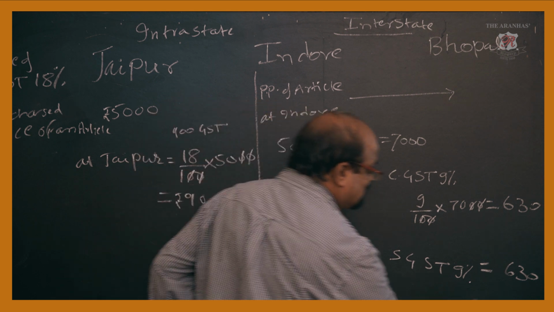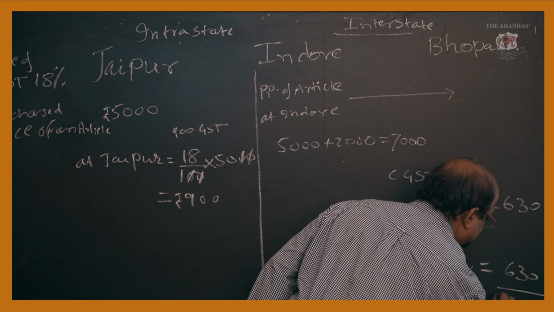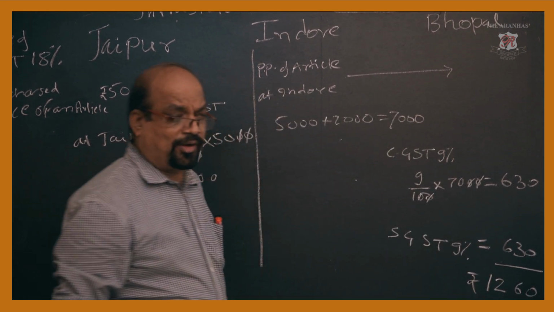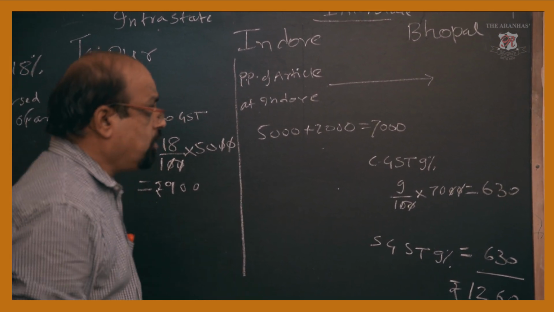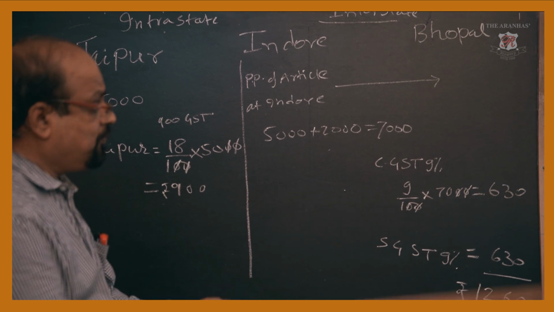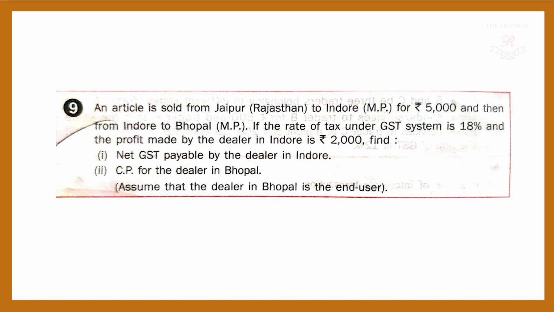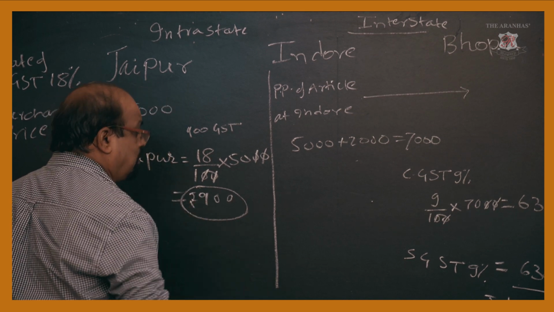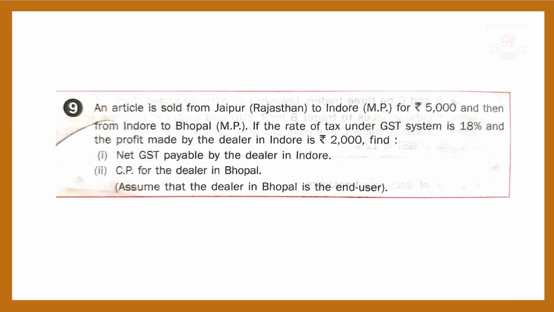So overall GST rupees 1,260. Now we will consider the first question, the GST payable by the dealer in Indore. The GST payable by a dealer in Indore is around 900 rupees that he had paid to the customer who is in Jaipur. Next, the CP of the dealer in Bhopal.